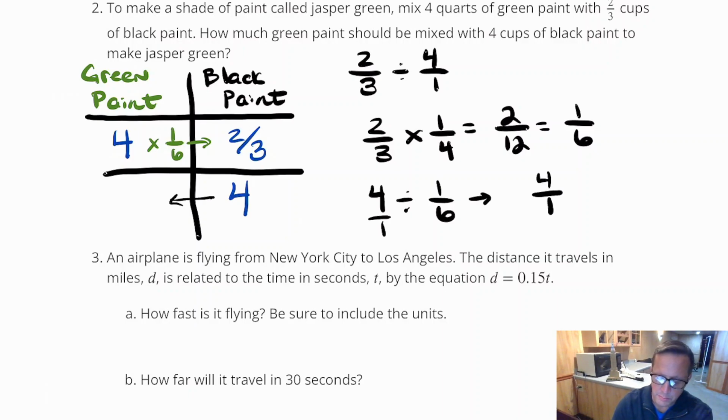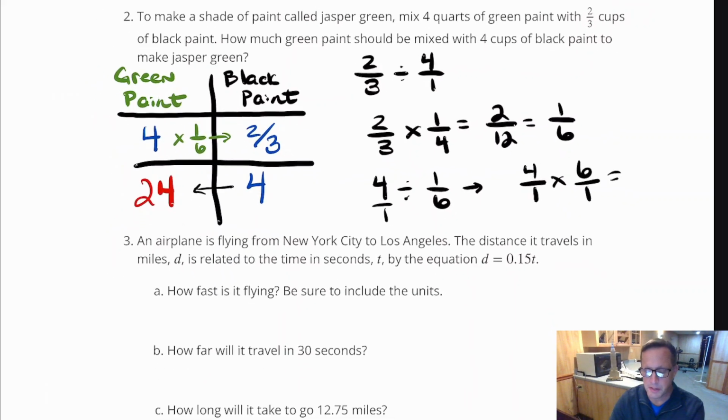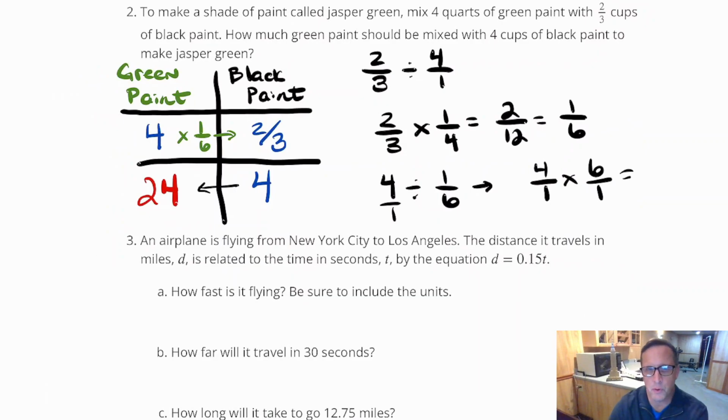I'm going to keep the first fraction the way it is, change division into multiplication, and flip 1/6 to make it basically just 6. In essence, this is just 4 times 6 now. 4 times 6 is, I think, 2,000. No, it's not. It is 24. So 24 quarts of green are going to be mixed with 4 cups of black.